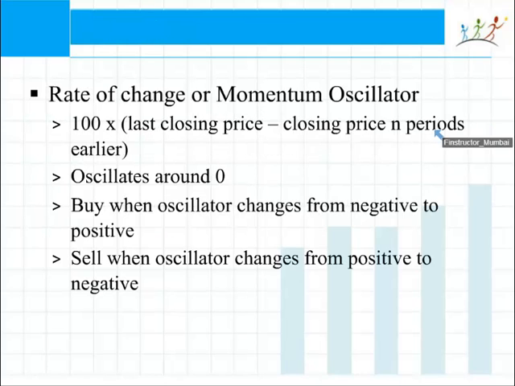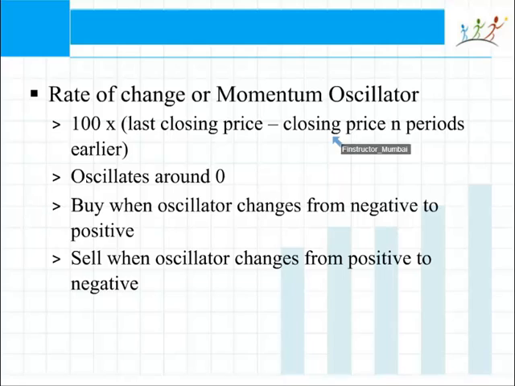The first oscillator is called the rate of change or the momentum oscillator. It is computed as 100 multiplied by the last closing price, that is today's price, minus the price 5 days before, or minus the closing price n periods earlier.